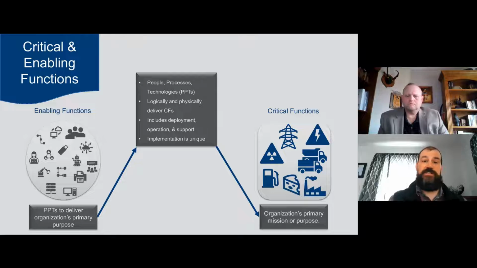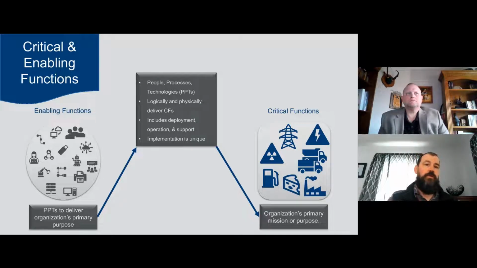So I can have the very same technology applied even in the exact same vertical, like transportation or electric power generation, and how that technology is used, how maintenance is performed, or how an operator is empowered to operate that equipment may make a huge difference in whether an adversary can take advantage of the technology in order to upset or cause an impact to that critical function.